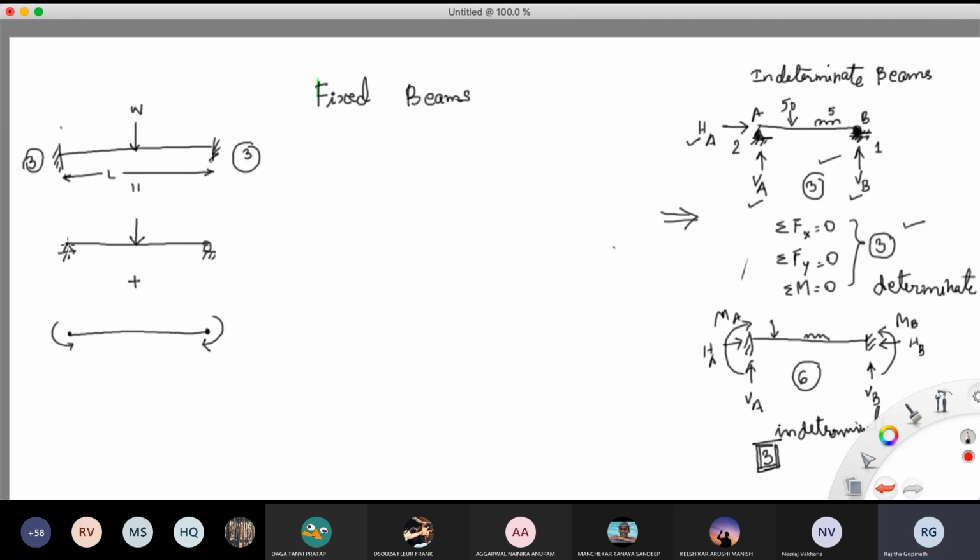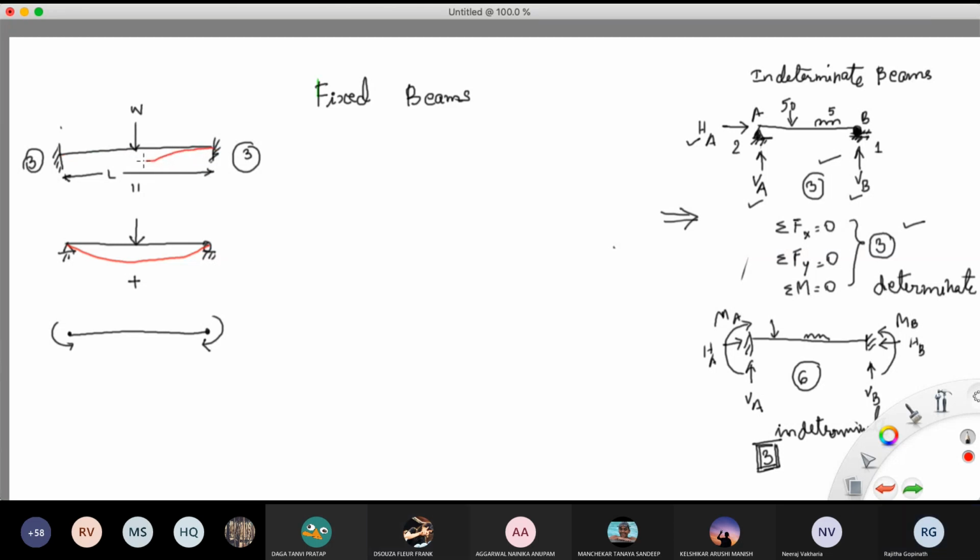I'm going to draw it like this, right? Now, for the fixed end beam, I'm not going to draw it the way I draw the simply supported one. I'm going to draw like this. It has not come out well, but you understood, right?